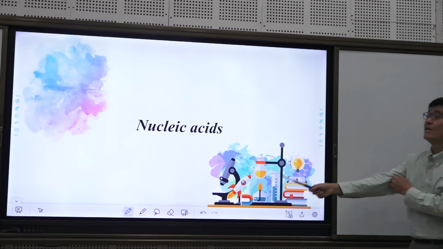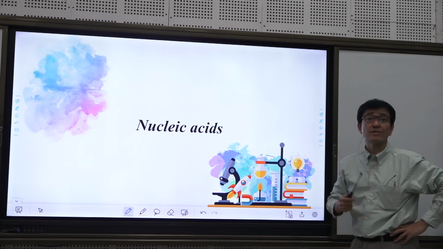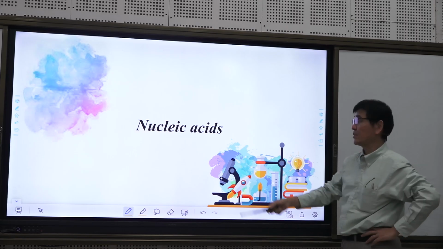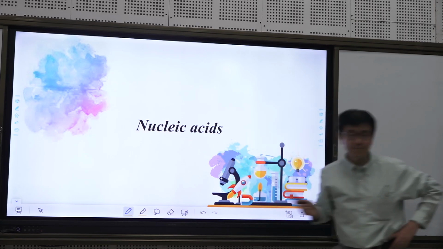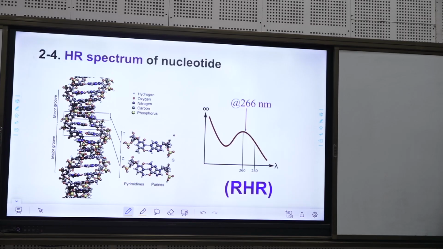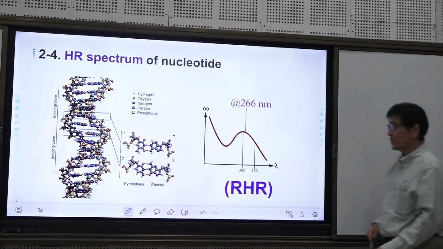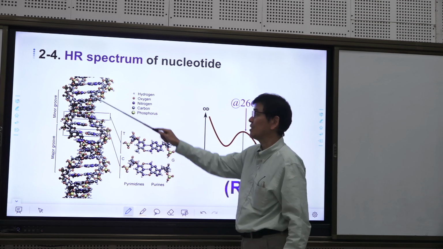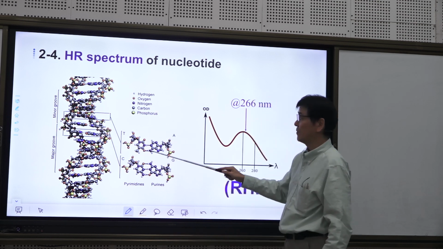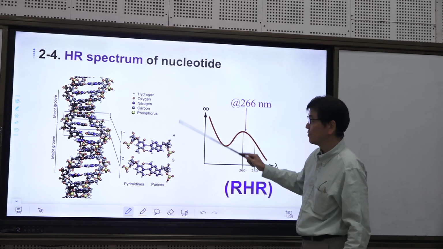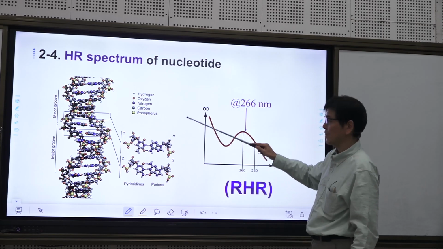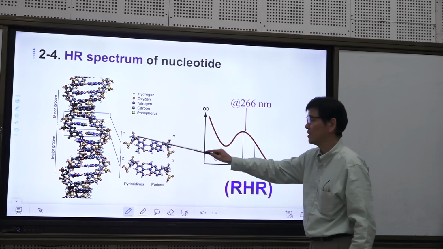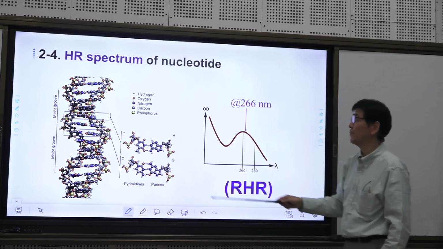Okay, but we need to continue the studies of biomolecules. So the next target is the nucleic acid. Nucleic acids are the building blocks of DNA and RNA, and 4 kinds of building blocks, A, T, G, C, are known for DNA.